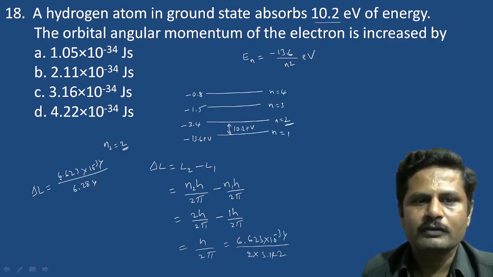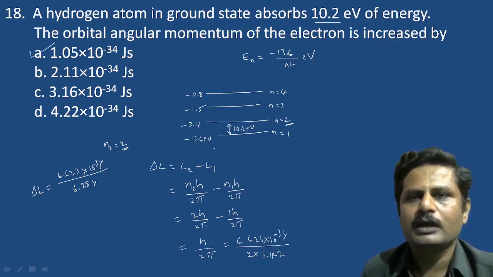So 6.6 divided by 6.28, clearly we can see that it is 1 point something. So in the options we can see option A, that is 1.05 times 10 to the power minus 34 joule second. So option A would be the correct answer.